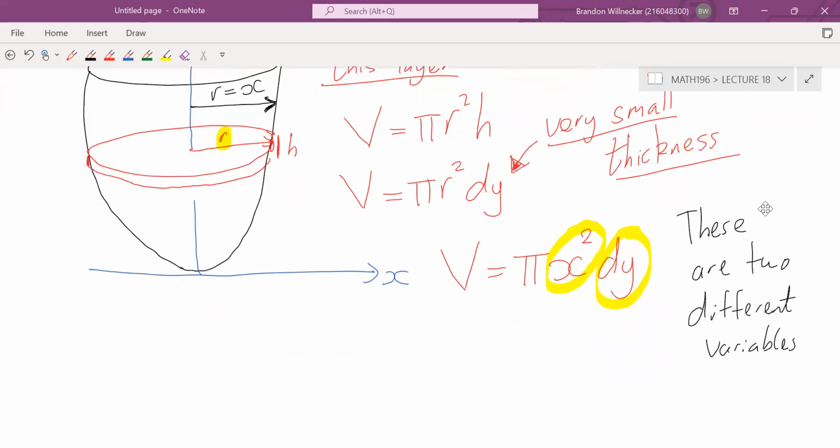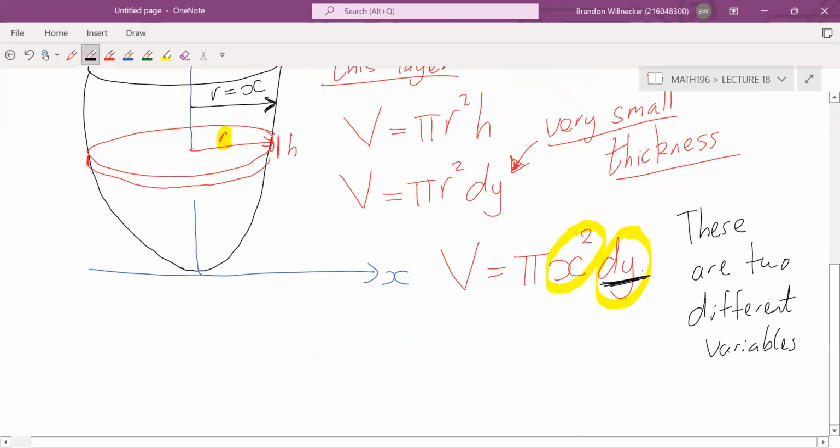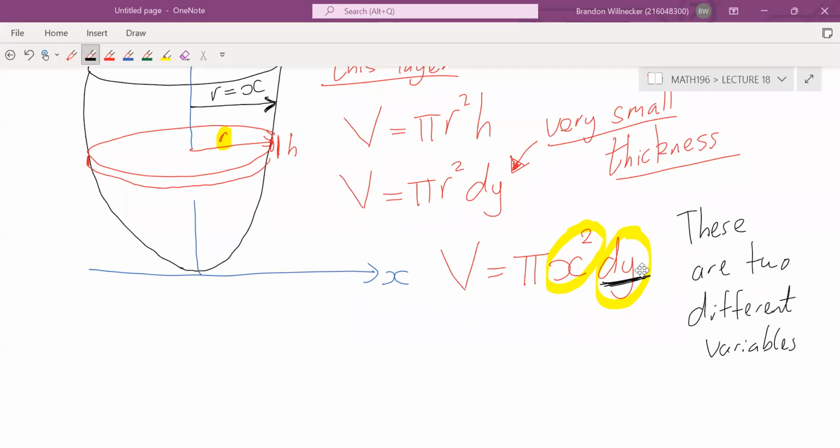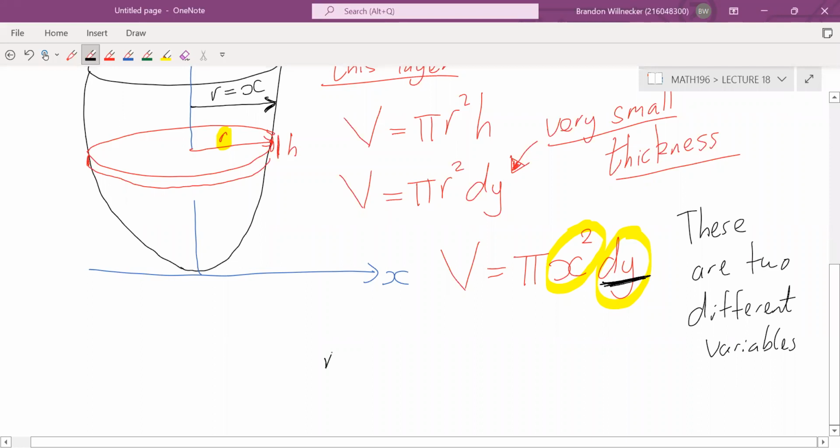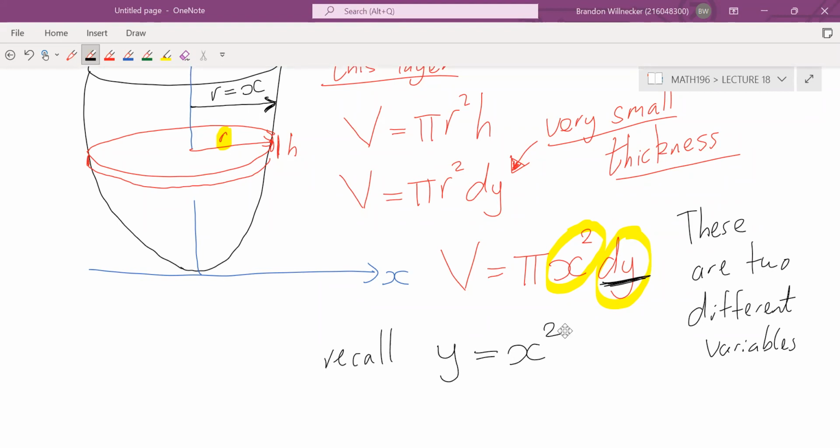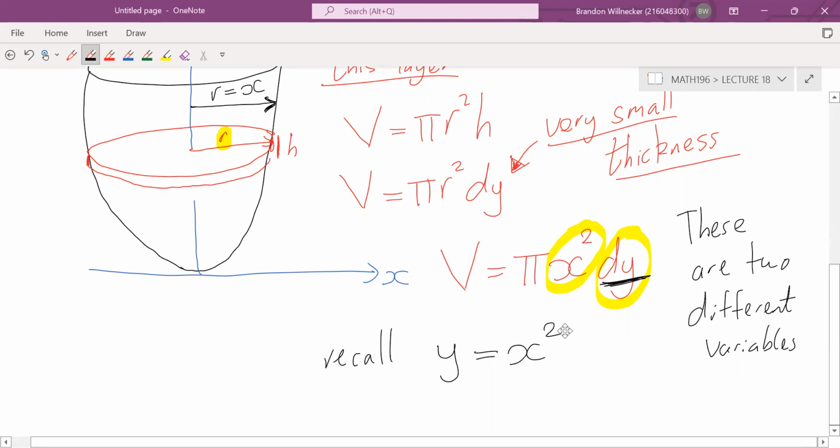We can't have an integral containing x and y. So the integral here is in terms of y because we've got dy. So we need to change x into y. So recall that y is equal to x squared because it's a parabola. That gives us the shape.